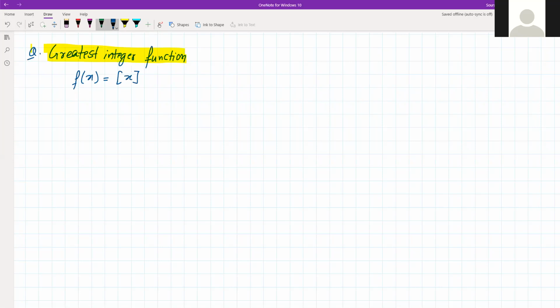To understand it simply, I'll write: this is the greatest integer less than or equal to x.